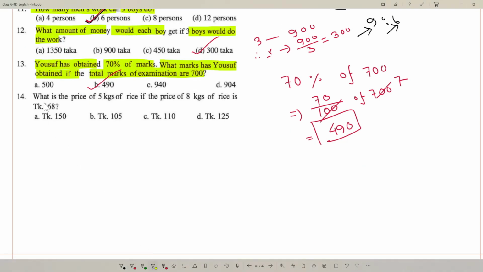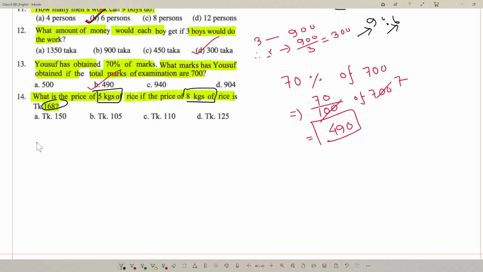Number 14, what is the price of 5 kg of rice if the price of 8 kg of rice is 168 taka? It's a simple thing. We have to find out the price of 5 kg, but here it is mentioned that the price of 8 kg rice is 168 taka.